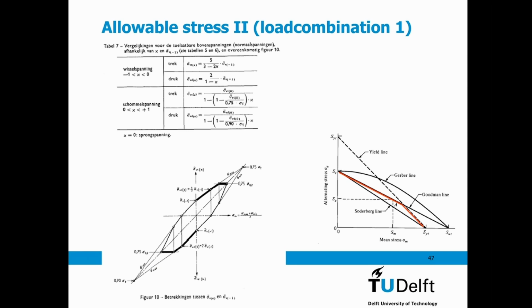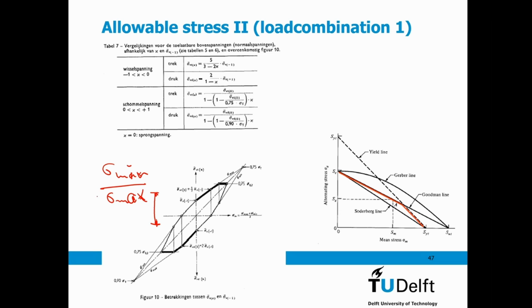You have basically two curves. If I have a maximum stress and a minimum stress, I divide the quotient of the maximum divided by the minimum. By the way, the minimum divided by the maximum.